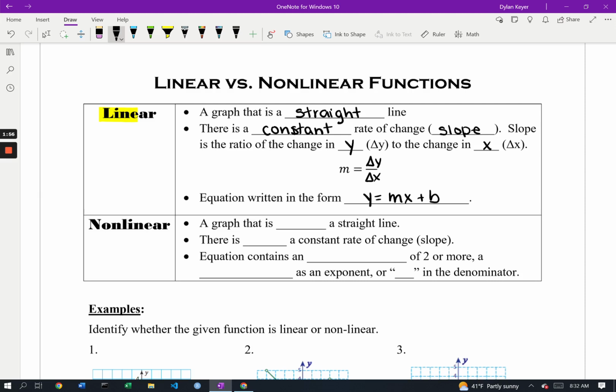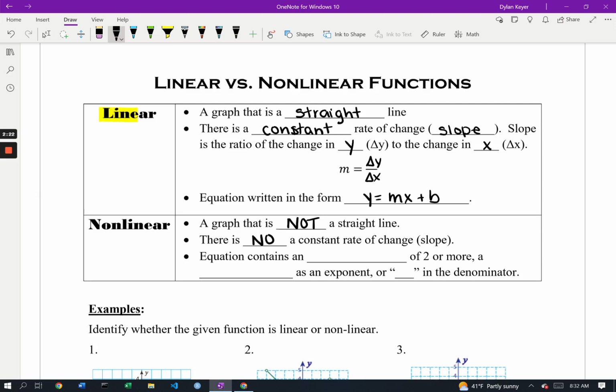Nonlinear functions have the following characteristics. A graph that is not a straight line, which again makes sense because it says non-linear, or in other words, not a line. Therefore, there is no constant rate of change or slope. And in equations, they are not in the form y equals mx plus b.